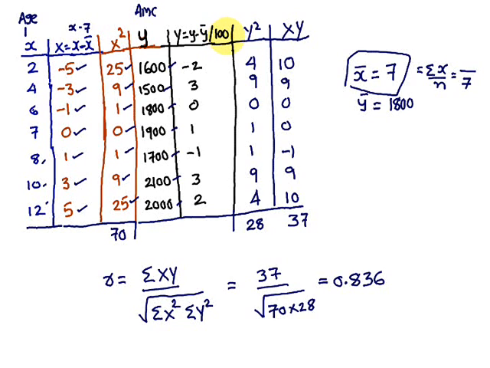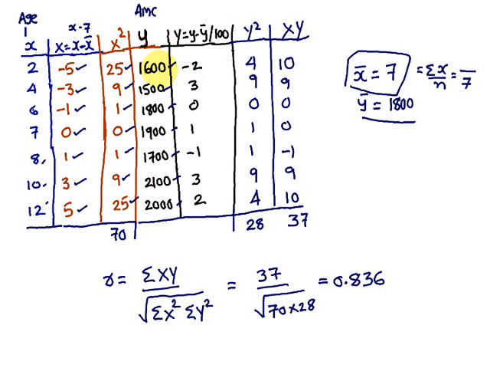So here capital Y is y minus y bar divided by 100, where y bar means the average of the annual maintenance. Summation of this column divided by 7, you will get 1800. So capital Y is y minus y bar by 100. What is the difference between 1800 and 1600?